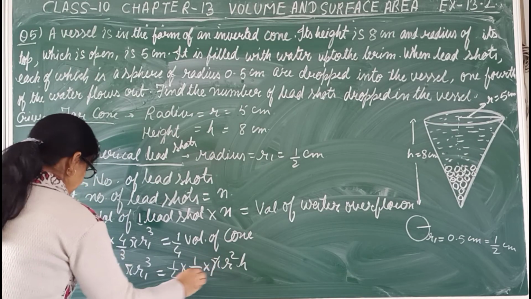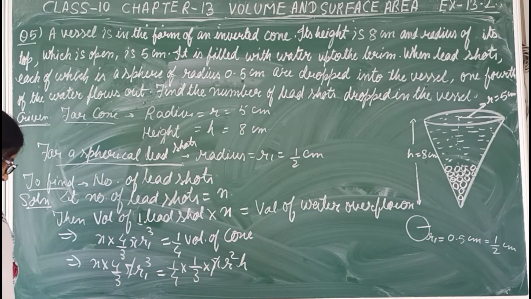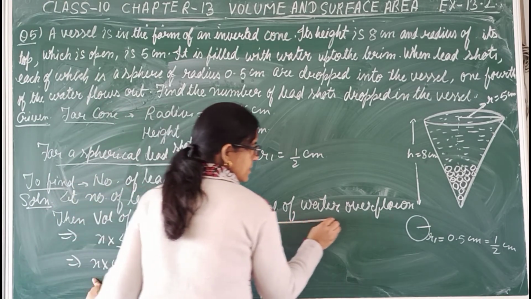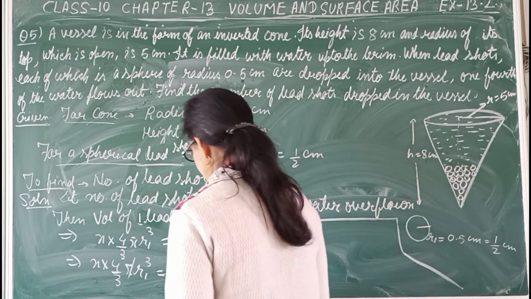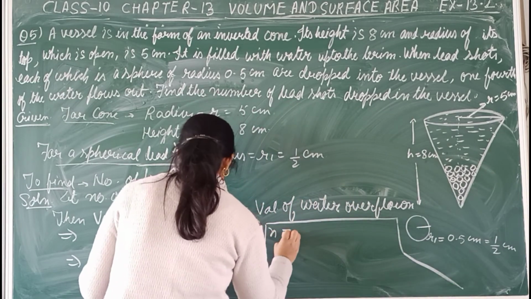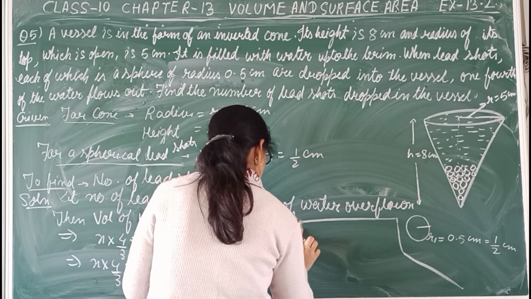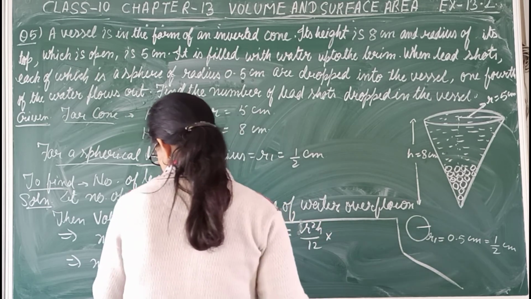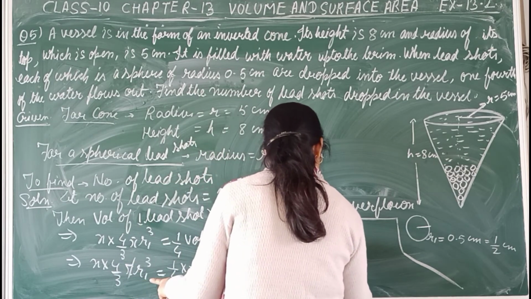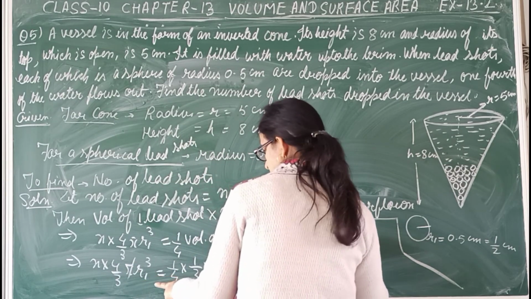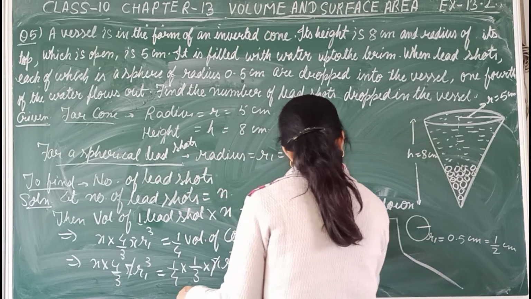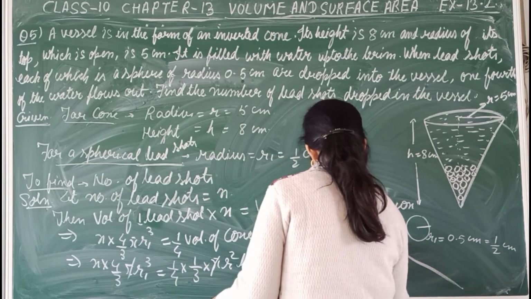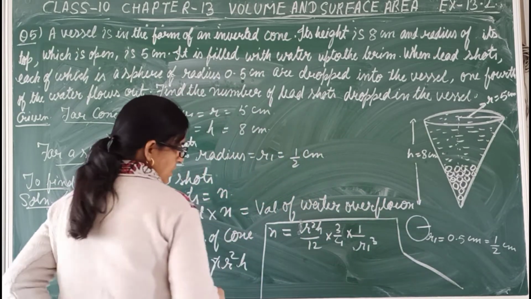Now this pi value will be cancelled and nothing else. So after this we will be writing n equals r square h by 12 into 3/4 into 1/r1 cubed. Now let us put the values.